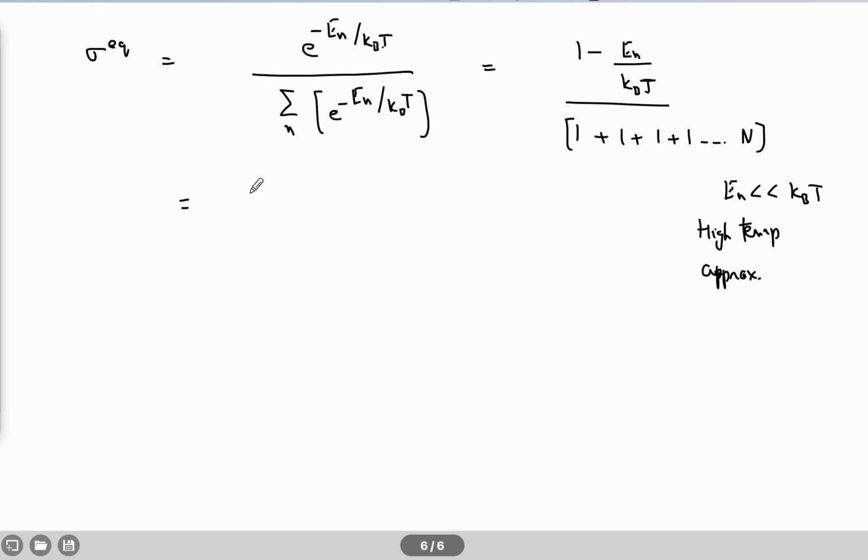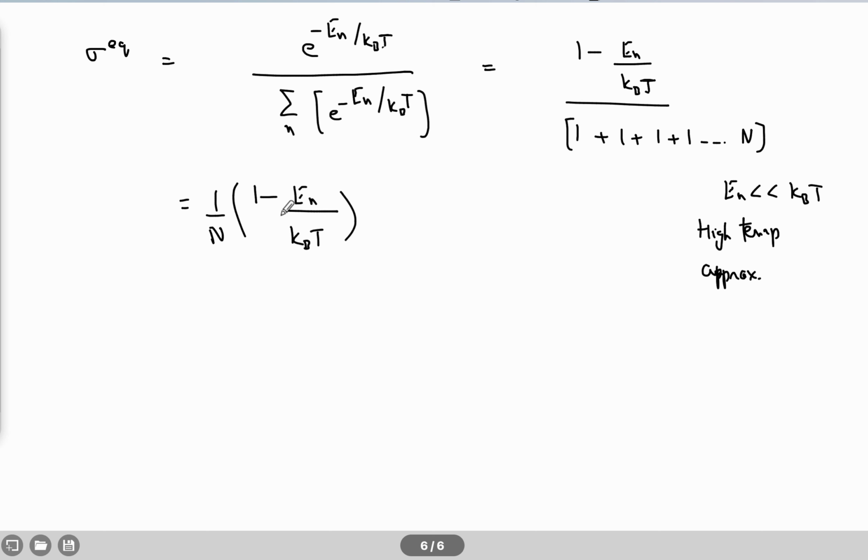So now we can reduce this to 1 minus En, the energy of the nth state, over kBT, whole divided by n. So n is nothing but the number of states. If the number of states is 2 for a spin half system, n will be 2.